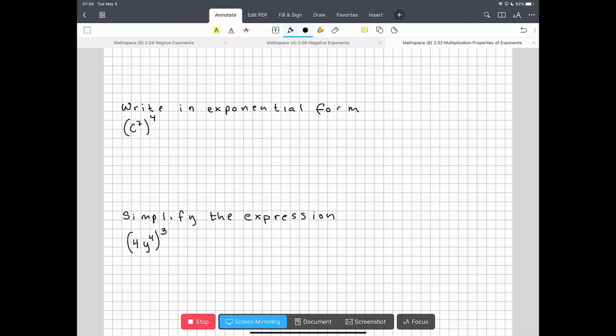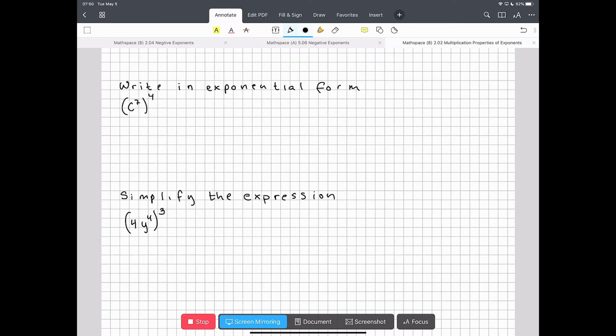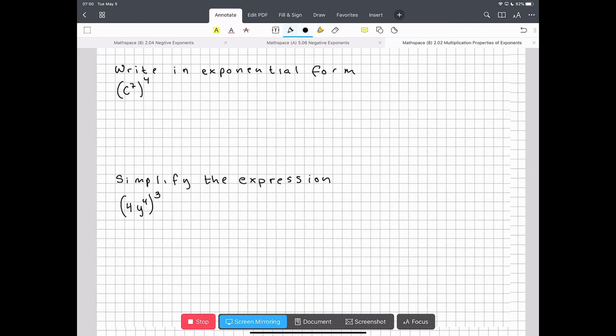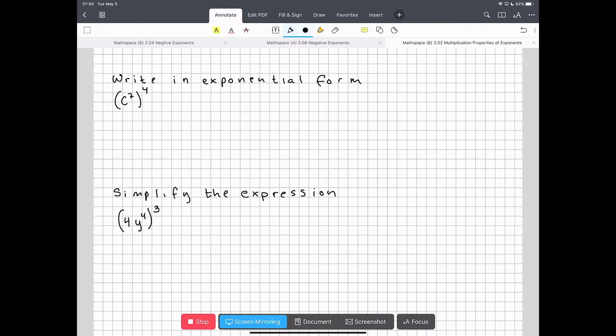Second to last problem. We're going to write this expression in exponential form. It's already got exponents in it, but it's not simplified. So we've got a power of c to the 7th raised to the 4th power. Now that 4, this guy here, is telling us to multiply what's inside the parentheses repeatedly 4 times. So if I was to write this in expanded notation, it's c to the 7th times c to the 7th times c to the 7th times c to the 7th.